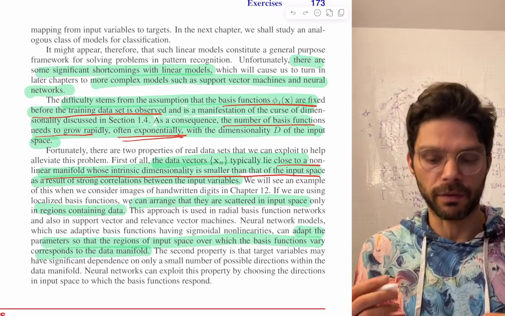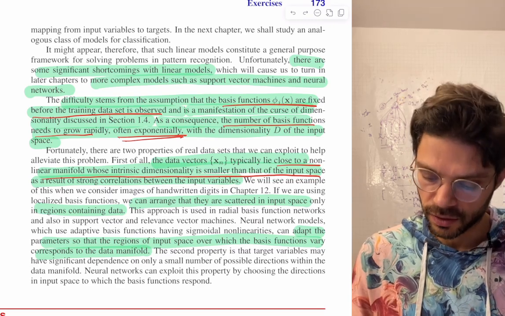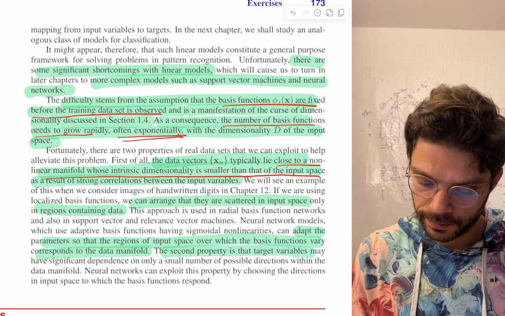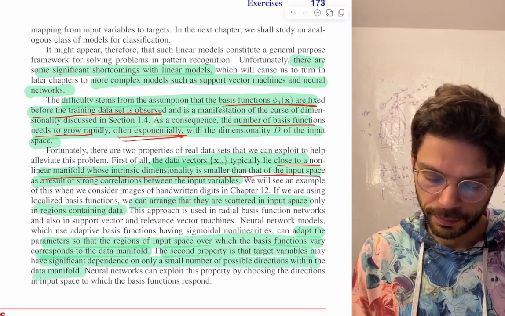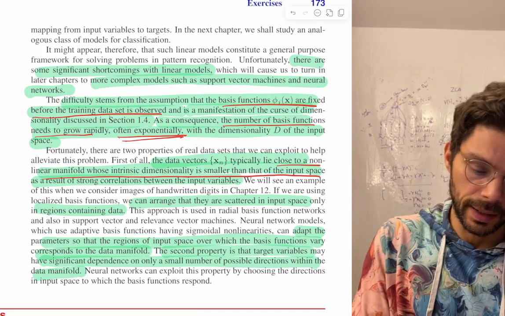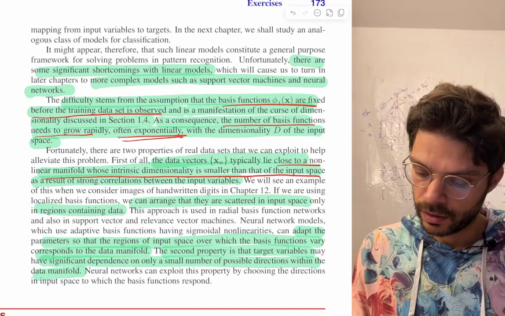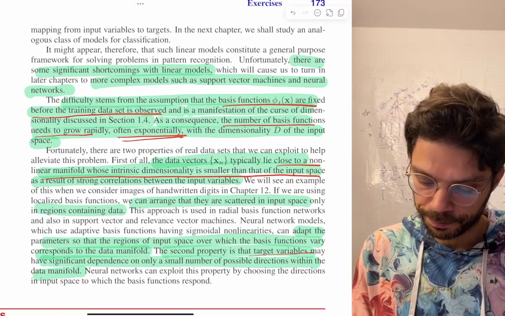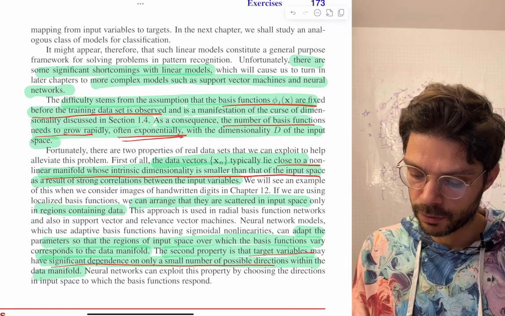Well, then you only need to focus on those, at least in classification settings. So that's an interesting point, and I'm going to highlight that as well. But we're going to see all of this in the coming chapters, so we'll talk about it then.